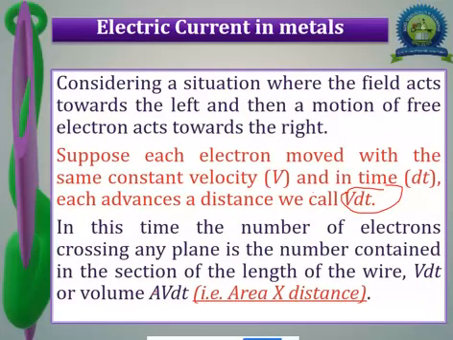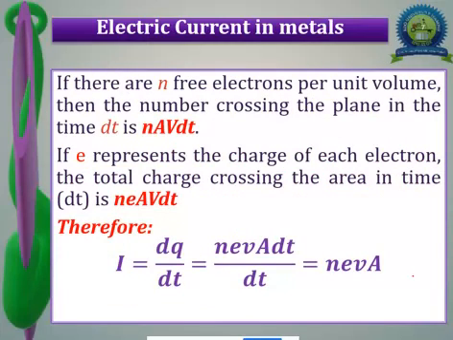If you multiply it by the area, then we will get the volume. If there are n free electrons per unit volume, then the number crossing the plane in the time dt will be equal to n multiplied by the volume.